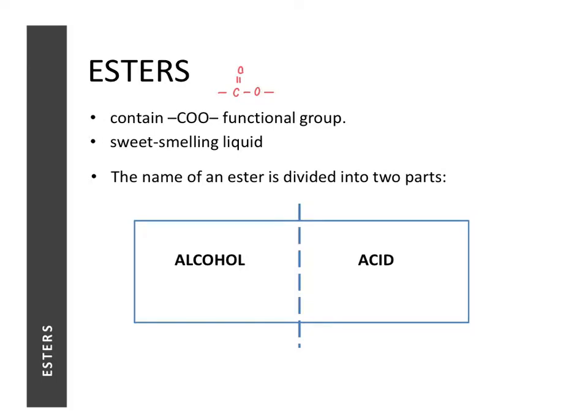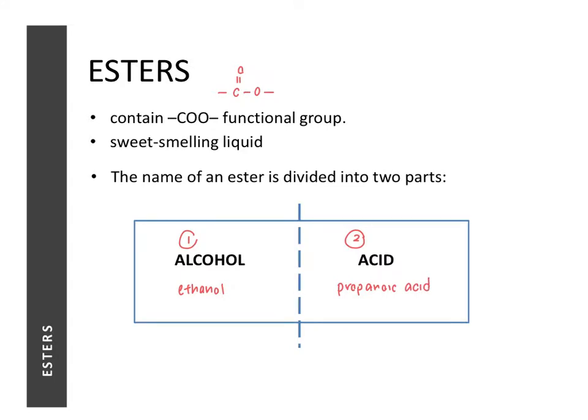The next thing that we need to learn about esters is how to name an ester. The name of an ester has two parts. Since it is formed from an alcohol and an acid, we will name it after the alcohol and the acid. In the name of an ester, we name the alcohol followed by the acid. For example, if the ester is formed from the reaction of ethanol and propanoic acid, how do we get the name of the ester?